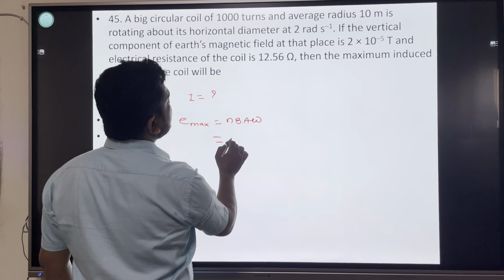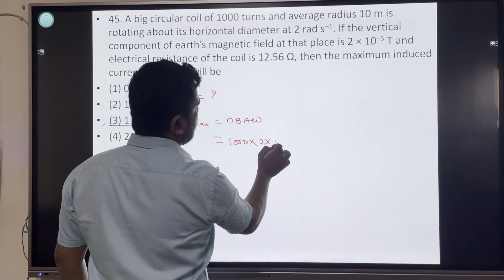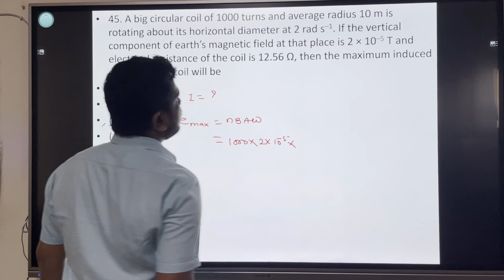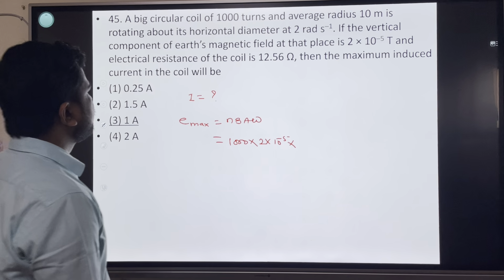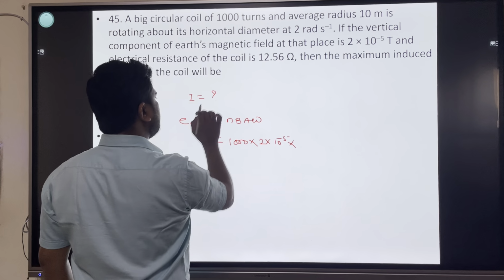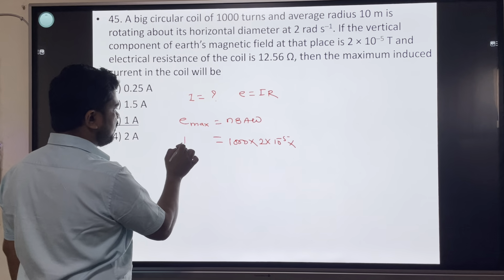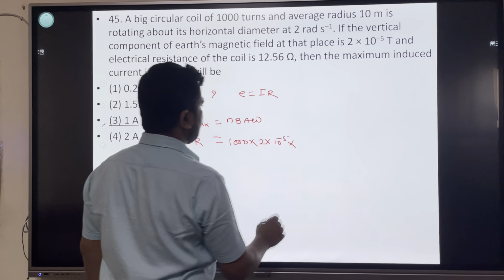Number of turns 1000. Magnetic field 2 into 10 raised to minus 5. Area of the coil. Emax is I into R, current into resistance.